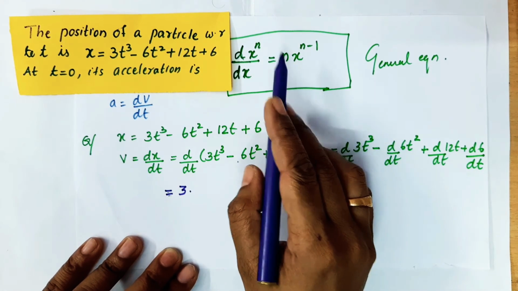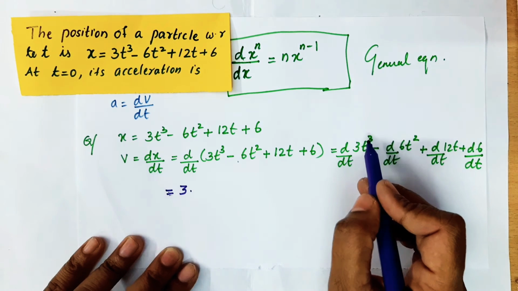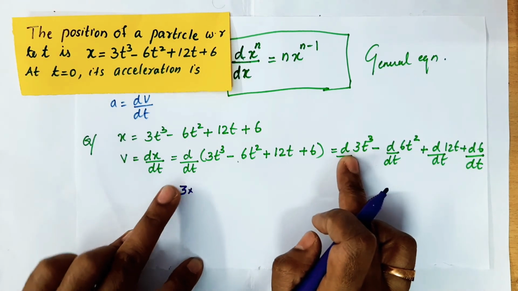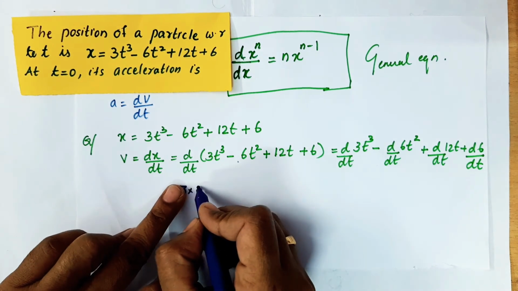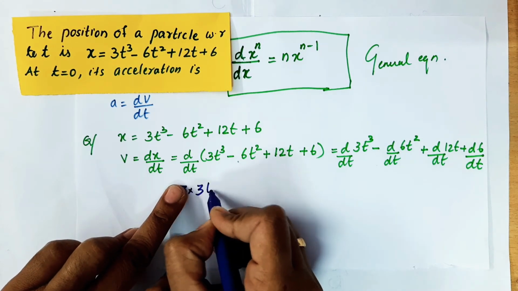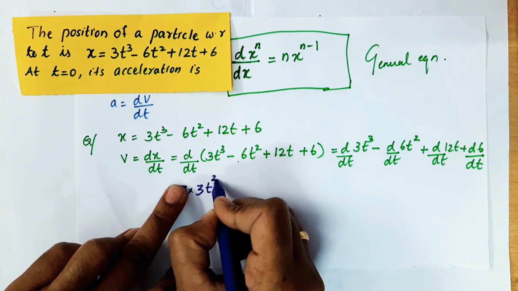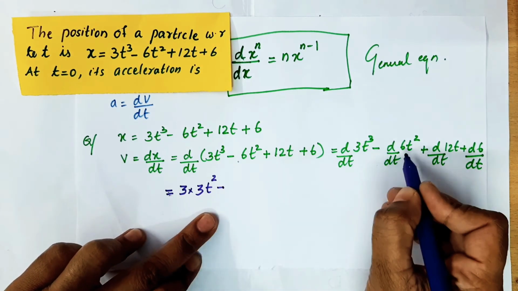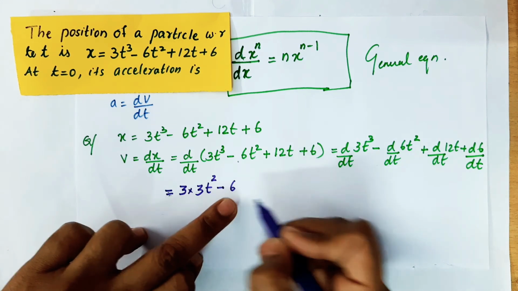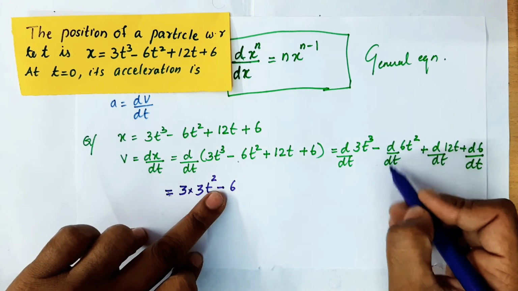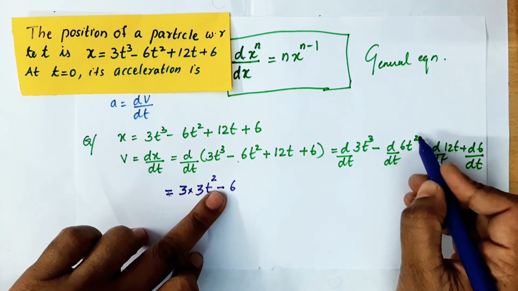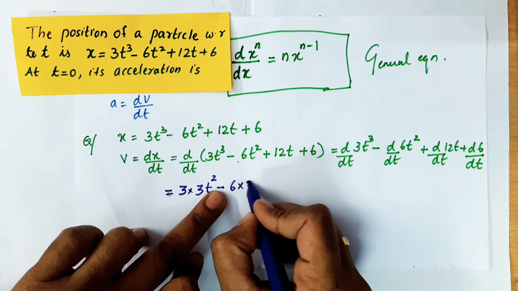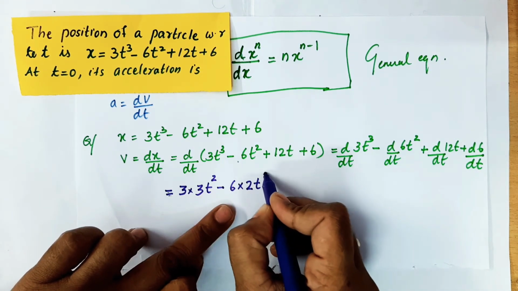Apply the formula. What is the value of n here? 3. This 3 is a constant, so 3 t power 3 minus 1, that is 3t square. Minus, here 6 is constant, take it outside, then d by dt of t square. The value of n is 2, so 2t power 2 minus 1.